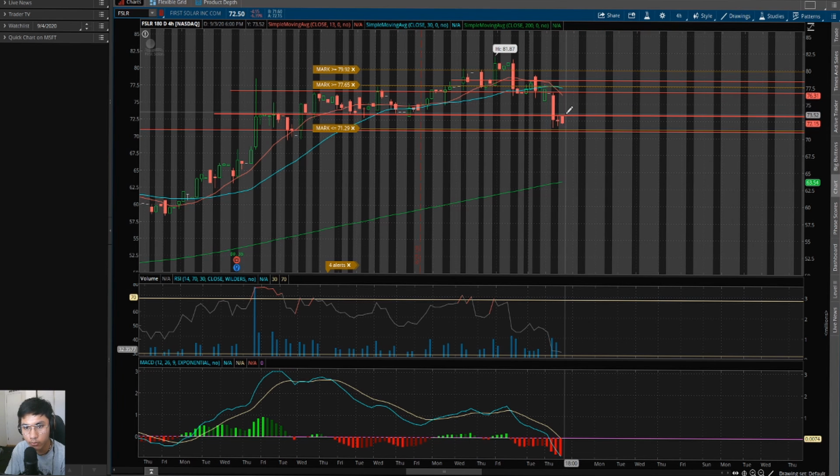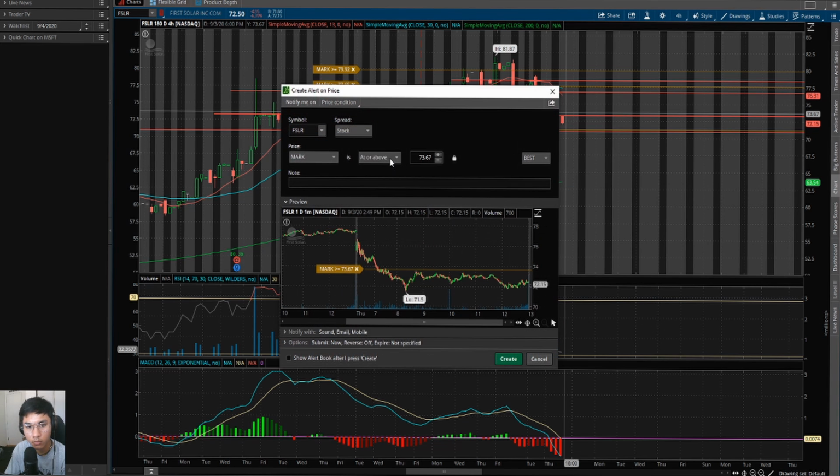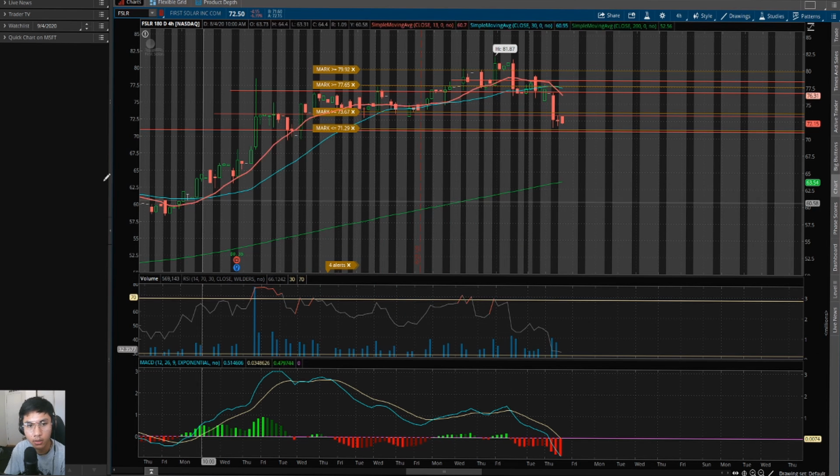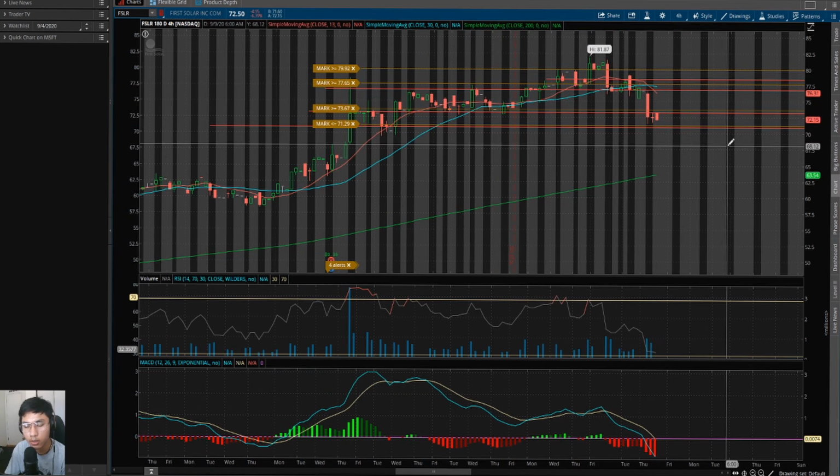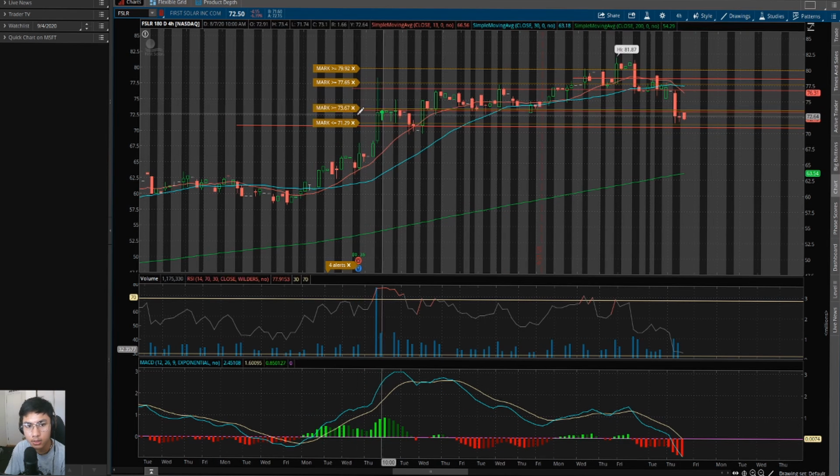If it breaks above this resistance line, there is a lot of resistance, but also due to the market cycle we're currently in, the market has kind of pulled back a bit from its all-time high, so it may recover or pull back to the resistance line.